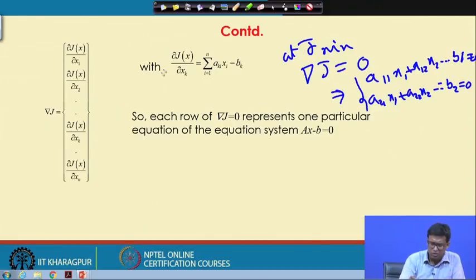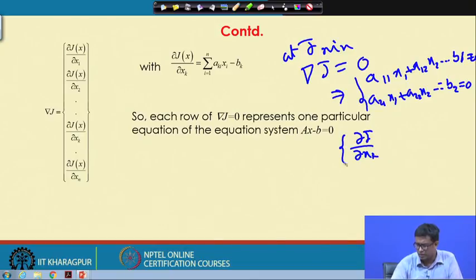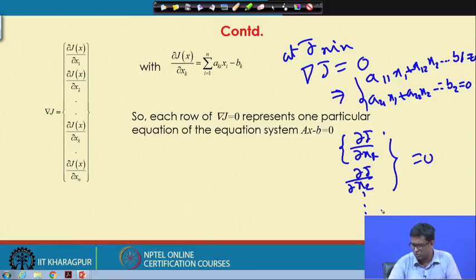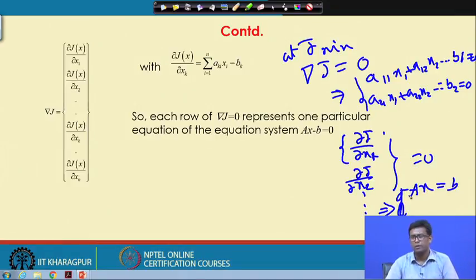So, this equation system ∂J/∂x_k, or ∂J/∂x1, ∂J/∂x2 is equal to 0, will give me nothing but Ax is equal to b, or b minus Ax is equal to 0, which is Ax is equal to b.